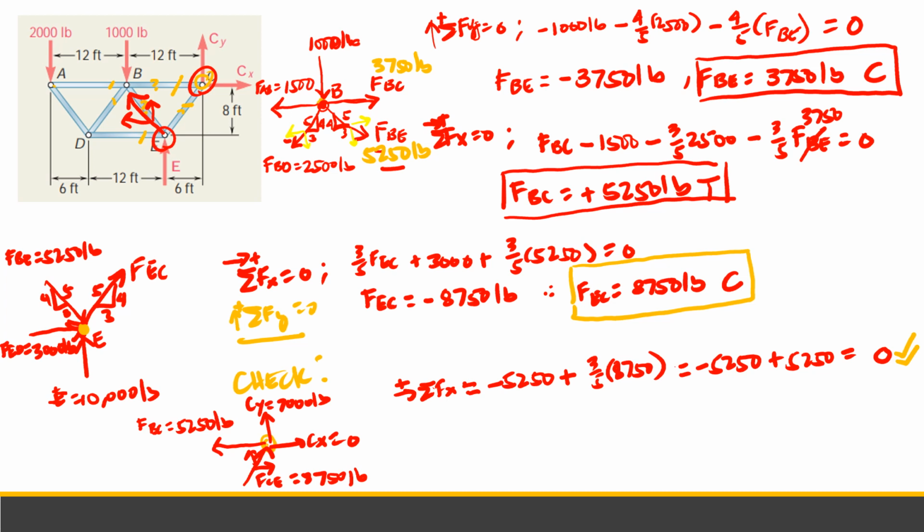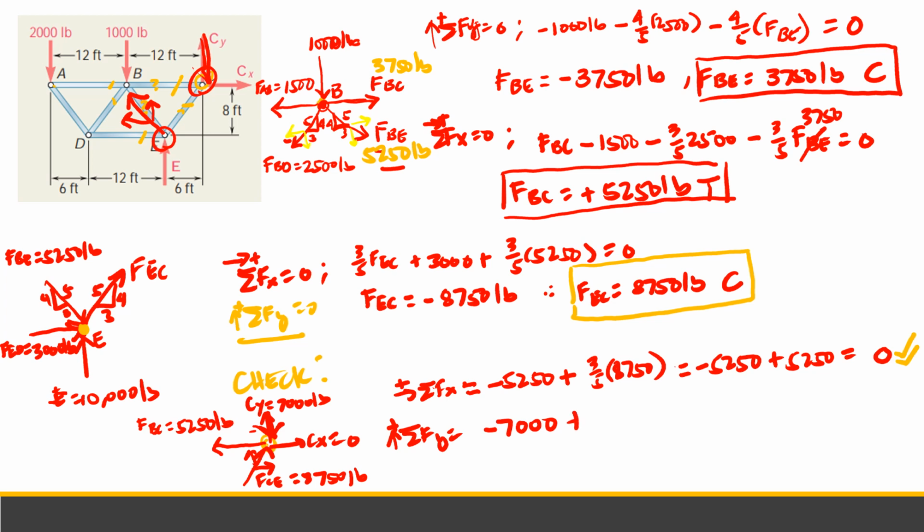And then we will solve the summation of forces along y, with upward positive. So we have 7,000 pounds, that is CY, plus, oh, our CY is actually downward, the one we wrote earlier. So CY is downward, meaning the 7,000 of CY is negative.